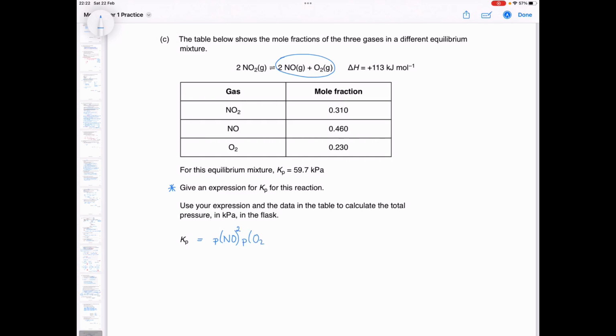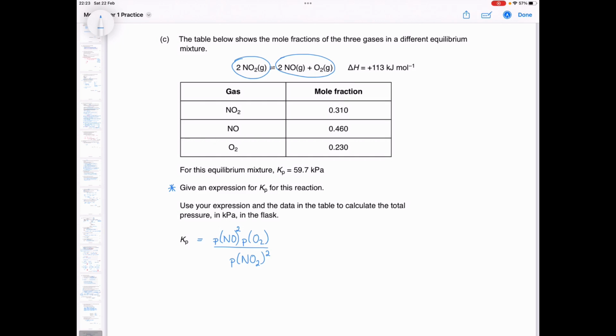That's partial pressure of NO squared, because the mole ratio is 2 to 1. And then we have the reactant side of the expression, the partial pressure of NO2, and that is squared, because the mole ratio is 2.